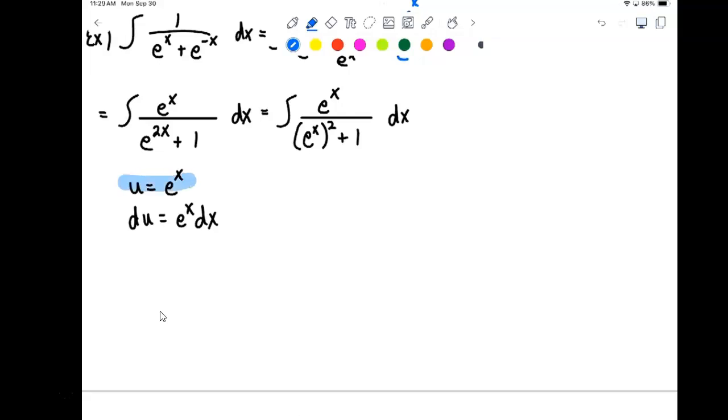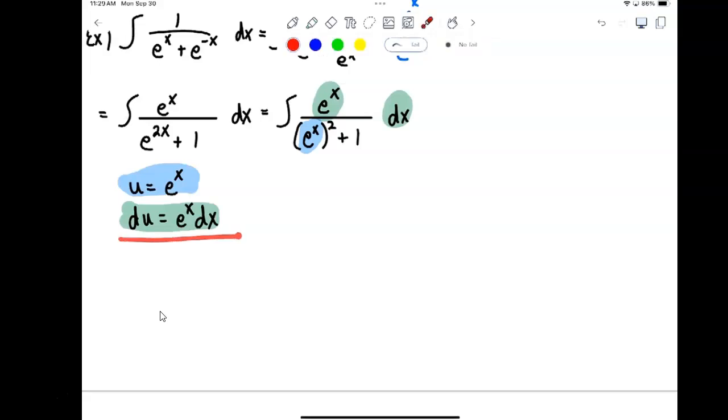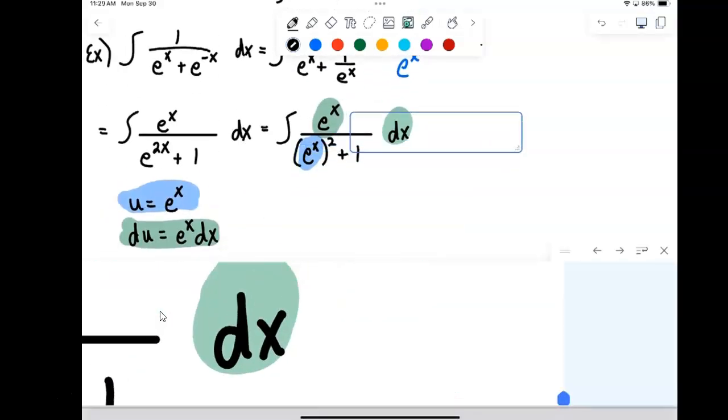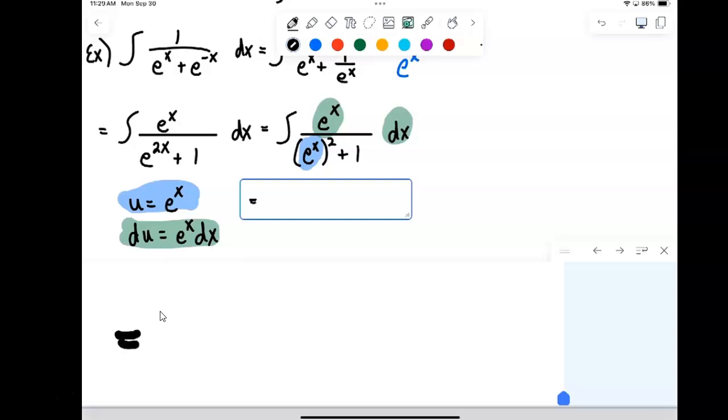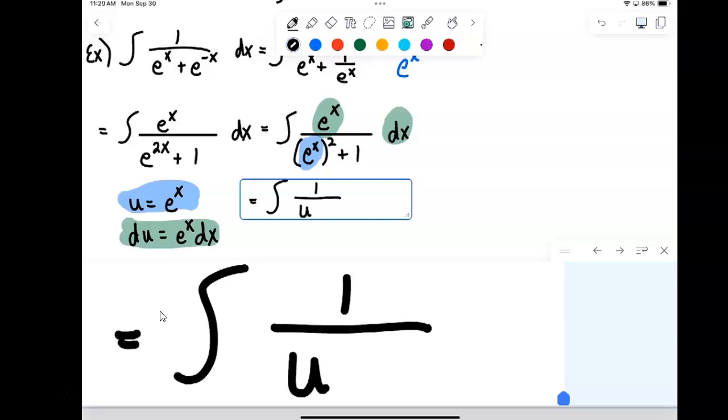So I let u become that e to the x on the inside. And then I can take the e to the x on the top along with the dx, and that makes my du. And so now I can carry the substitution through and change from e over to u. And that gets me to this integral of 1 over u squared plus 1 du.